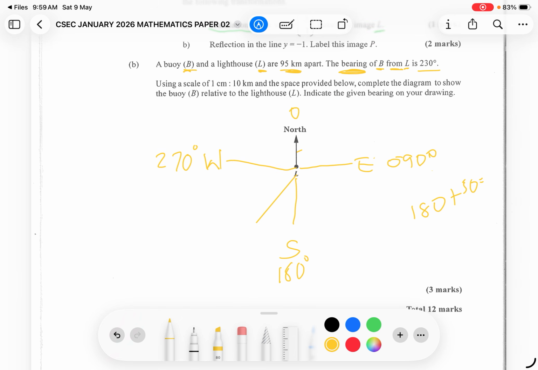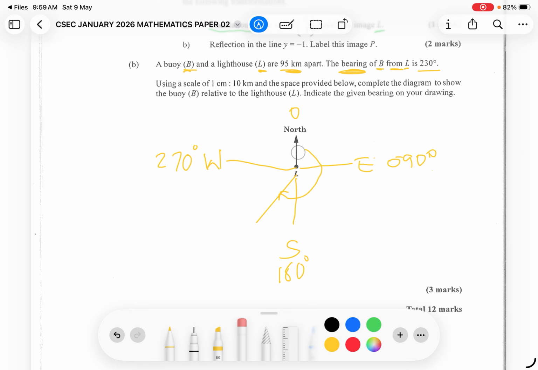All the way from the north line, coming around here, all the way around, that would have been 230 degrees. Notice I said all the way. Every bearing angle begins on the north line.